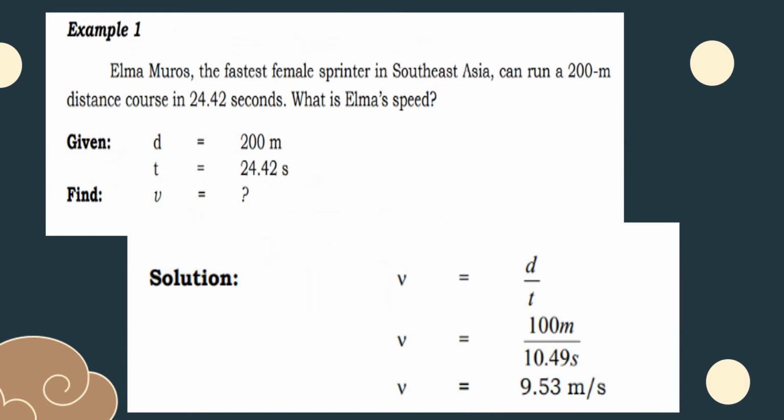So using this, let's have this one. Example 1. Elma Moros, the fastest female sprinter in Southeast Asia, can run a 200-meter distance course in 24.42 seconds. What is Elma's speed? First, we must know the given.